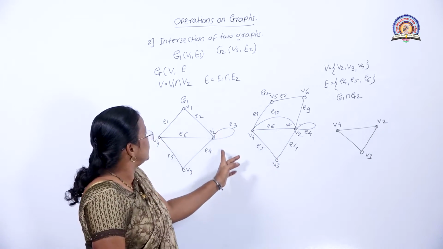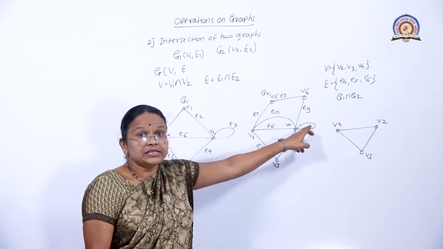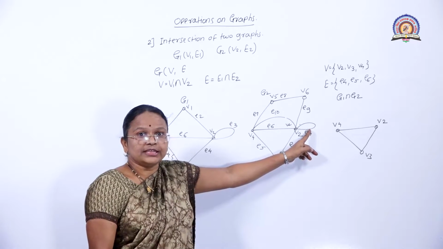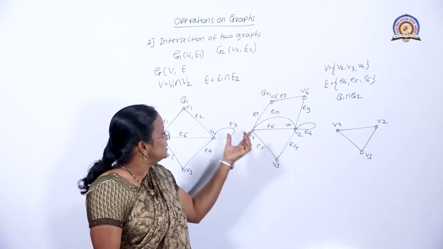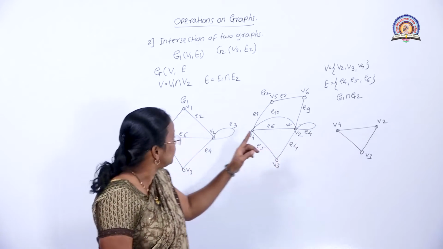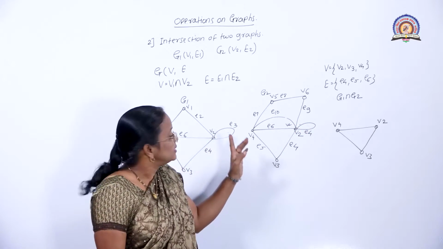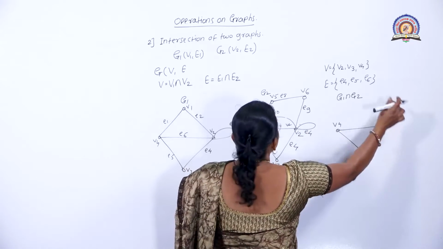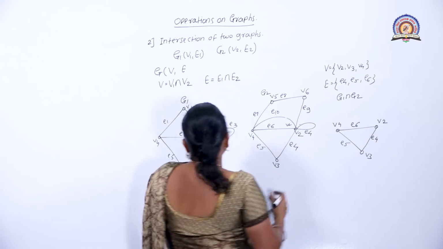Here we observe that E3 is a loop in the first graph and E4 is a loop in the second graph. Though this looks common in both graphs, we cannot take it because both loops represent different edges. These loops are different, so you have to take care of this.